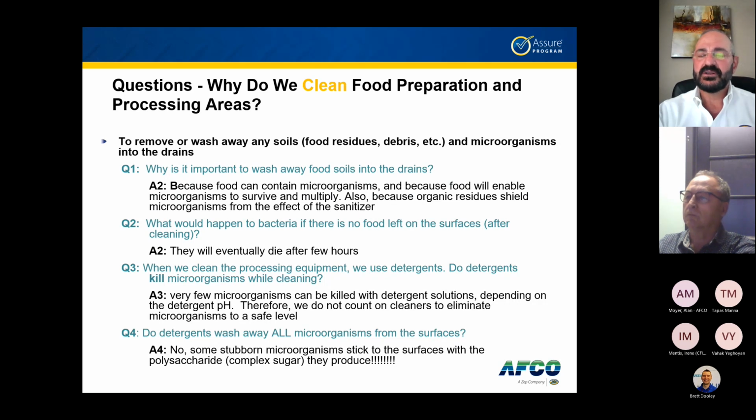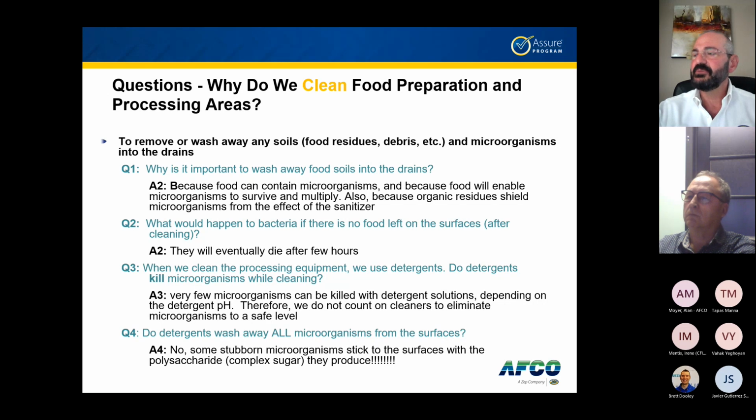Raw materials are considered contaminated and therefore have to be treated as raw, meaning they contain microorganisms. So food processing equipment will contain microorganisms in those food residues. Of course, we can't leave them on the surfaces because other than contaminating the surface, it will also protect the microorganisms from the effect of the sanitizer.